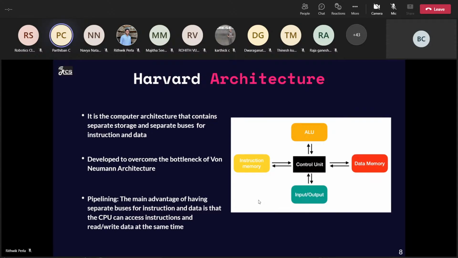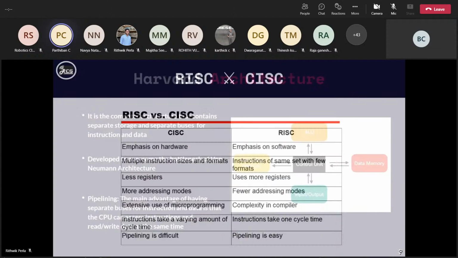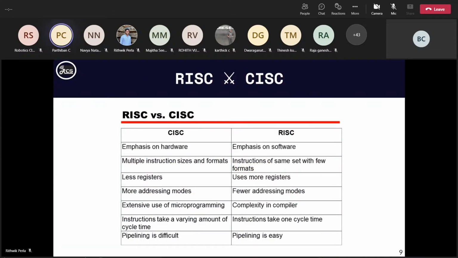Now let's go on with the next type of architecture, CISC and RISC. I have showed you the abbreviation of CISC and RISC. Can anyone say what is CISC and RISC? The first letter, at least the first one, R and C, what does that mean?